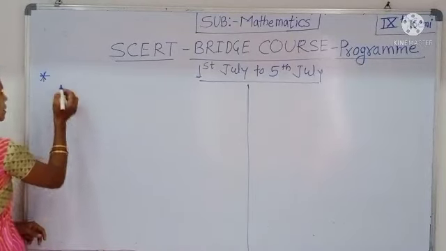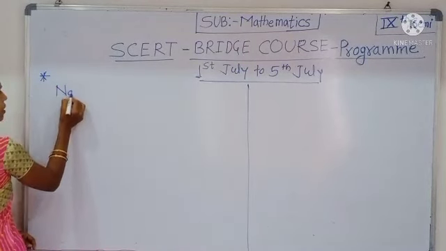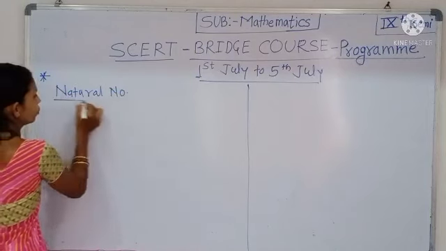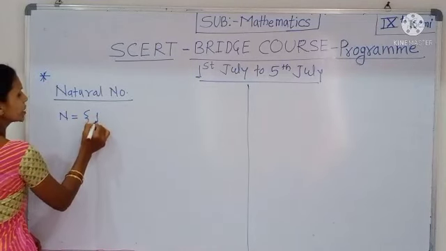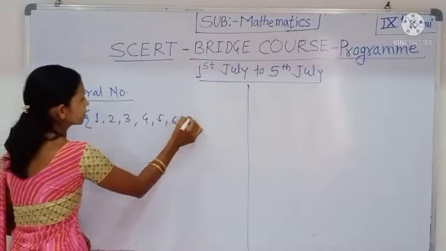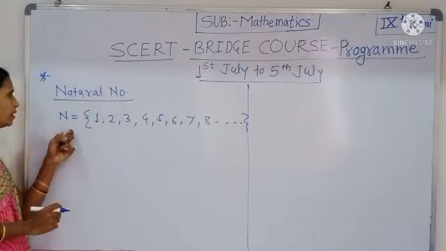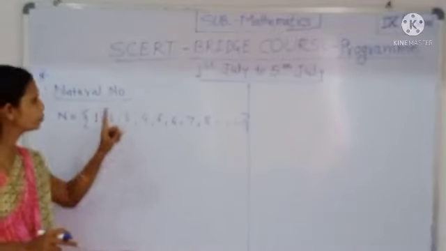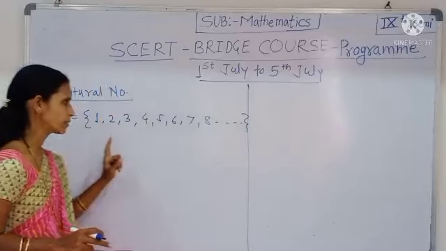Then see here, all of you studied the natural numbers. Natural numbers are denoted by N, and natural numbers are nothing but 1, 2, 3, 4, 5, 6, 7, 8, etc. The first natural number is 1, but we can't determine the last natural number.